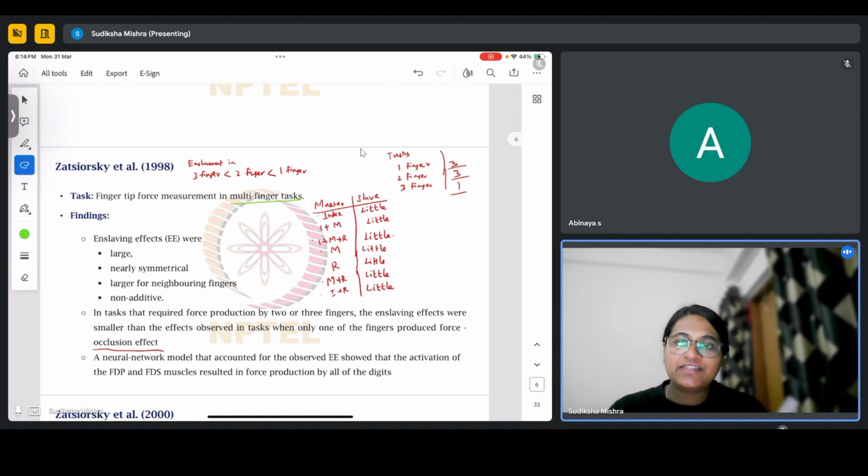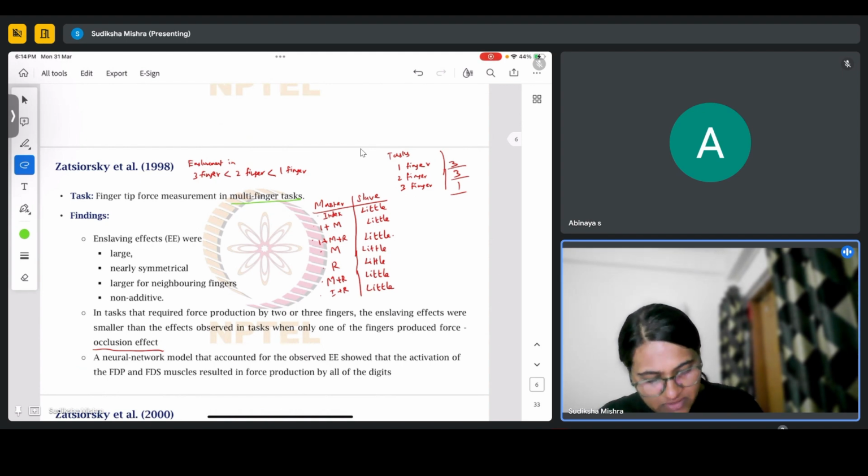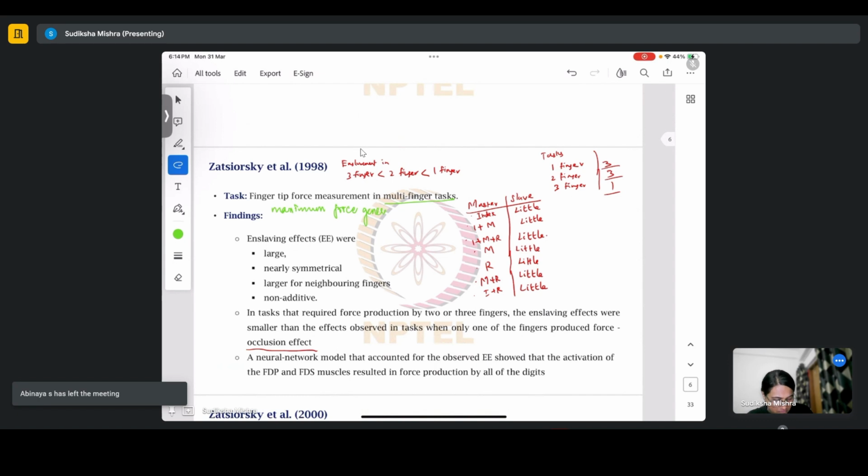Essentially, readings were taken of the maximum force generated, and then the results were analyzed to find what the enslaving effects were.